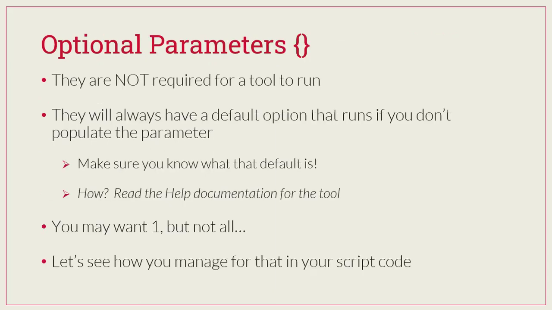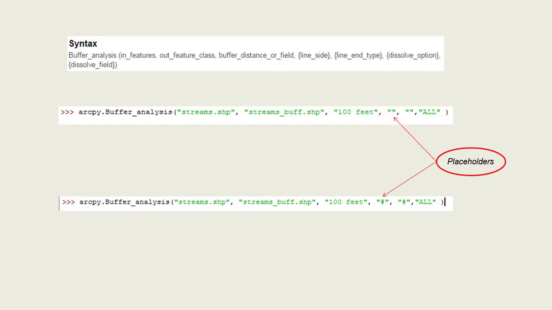All right, so there are going to be tools, however, that have more than one optional parameter. And you might want all of those optional parameters, or you might only want one of them, and you need to see how to manage for that within your code. So let's look at this example here for buffer. So this is a syntax for buffer_analysis, which remember is the same as analysis.buffer.